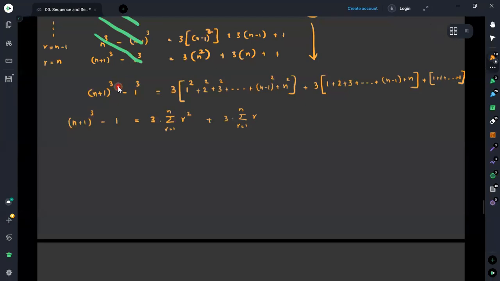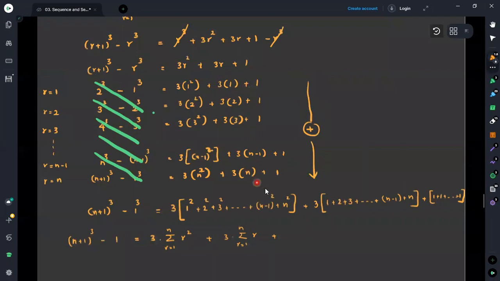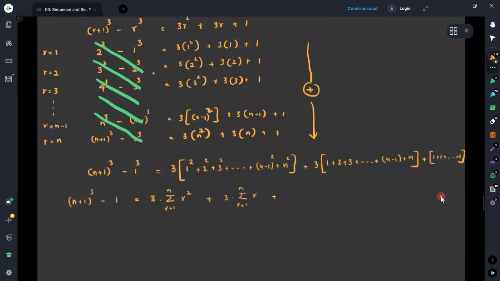And then we have to consider about the summation of ones. If you see about the summations, here we can see that altogether we have considered n number of equations. Therefore we have altogether n number of ones. Once you add ones for n number of times, we'll get the value as n. It is n times 1.